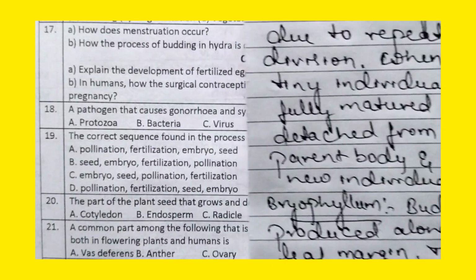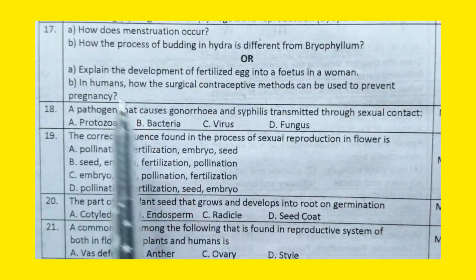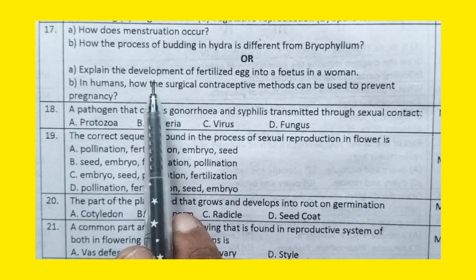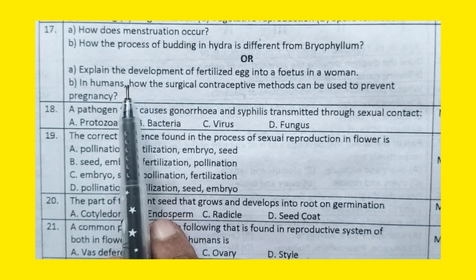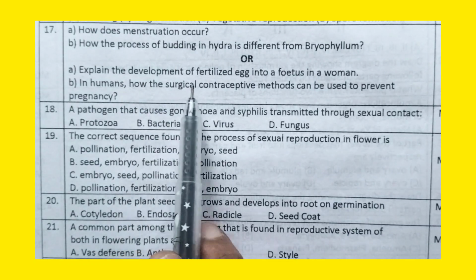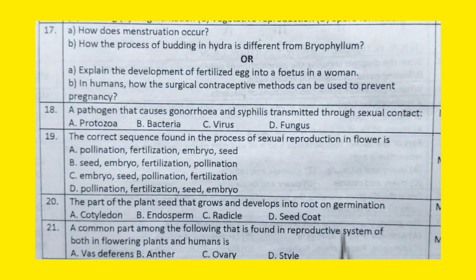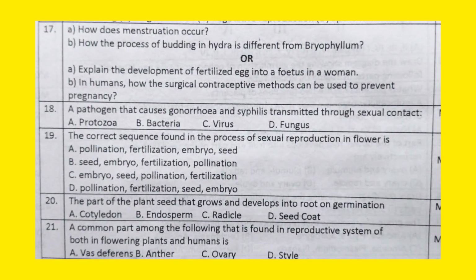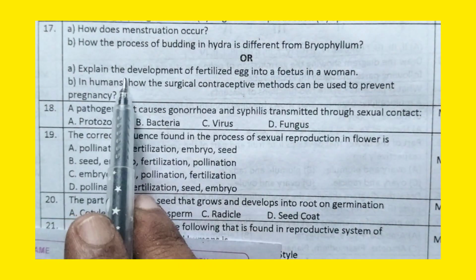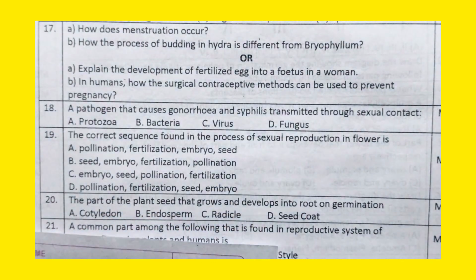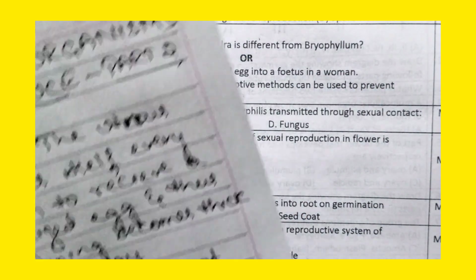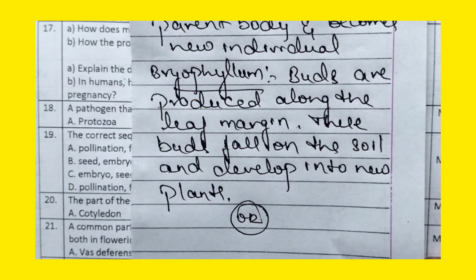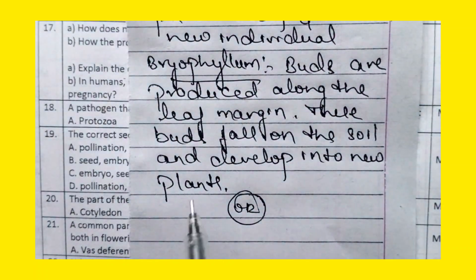Now in that 17th question, one more internal choice question is there. Explain the development of fertilized egg into a fetus in a woman. Now let us answer this question.